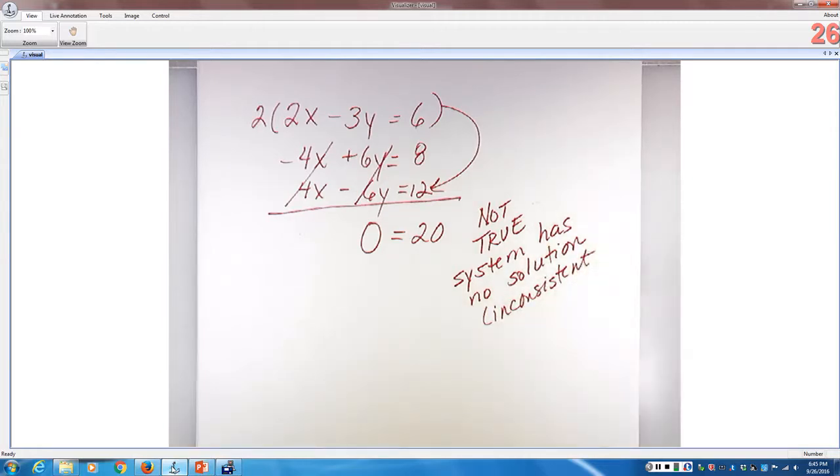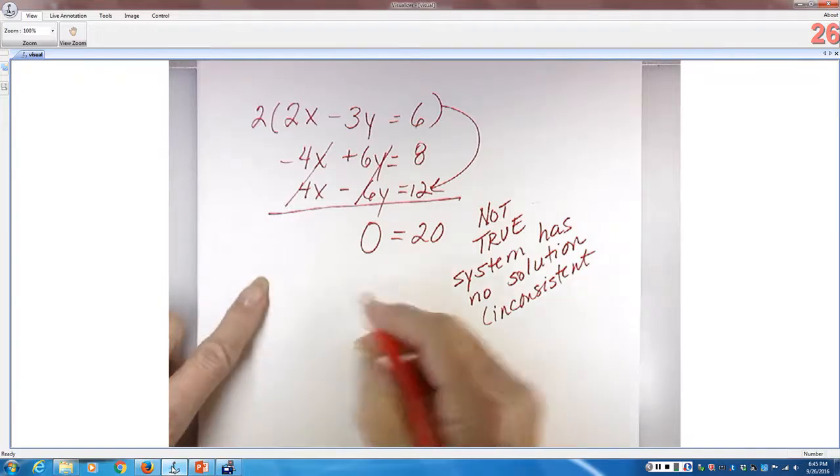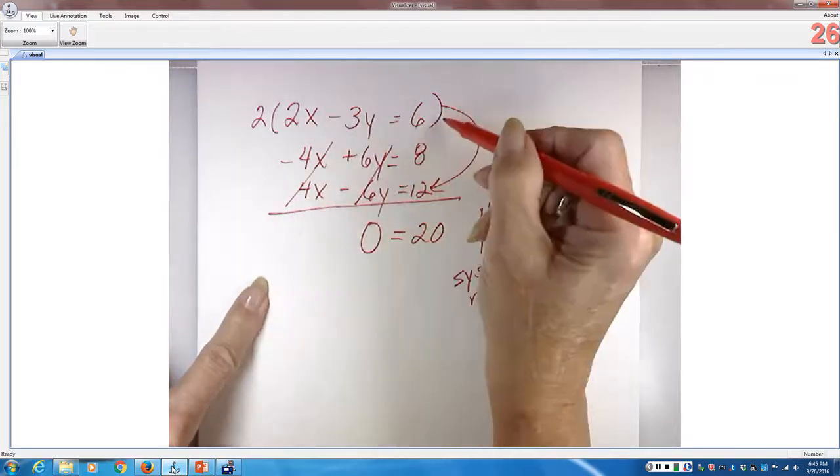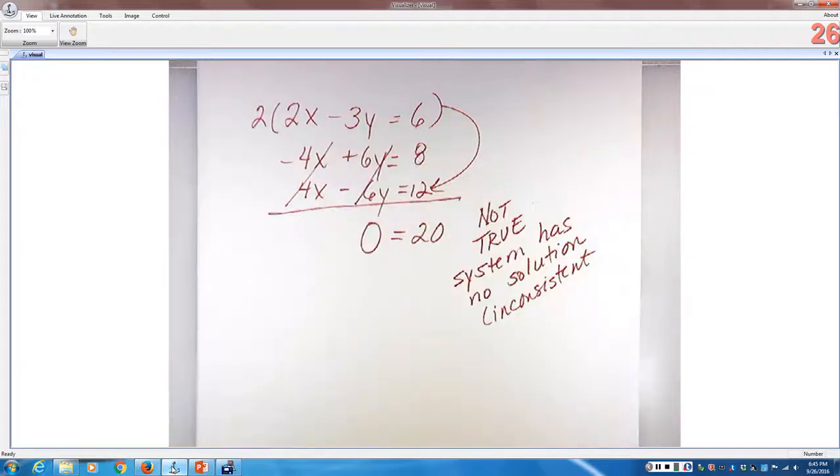And in fact, what would happen with this is if you graphed, you would only see one line, because actually this equation and this equation are multiples of each other. So they have the same slope. I'm sorry, they have the same slope, they don't have the same y-intercept.